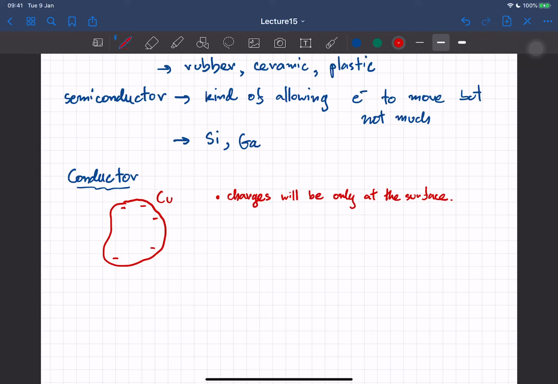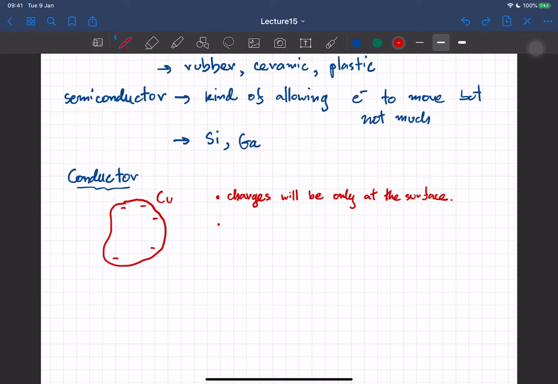So charge will always be at the surface. That means if you go inside, there's not going to be any charge here. So Q is going to be 0 inside the material. Charge is always only at the surface. Okay, that's the first thing.